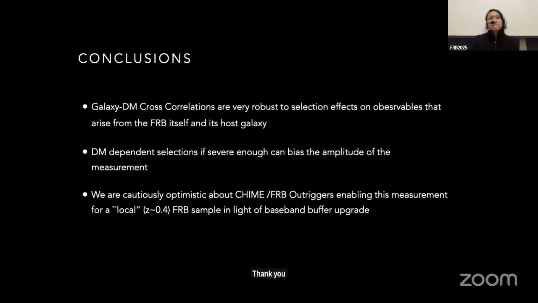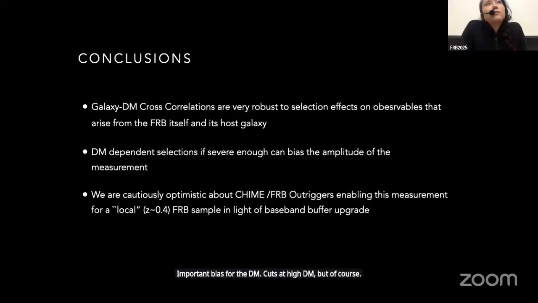I was wondering, you showed this important bias for the DM cuts at high DM. But of course, it's hard for a telescope not to have a similar cutoff at high DM.